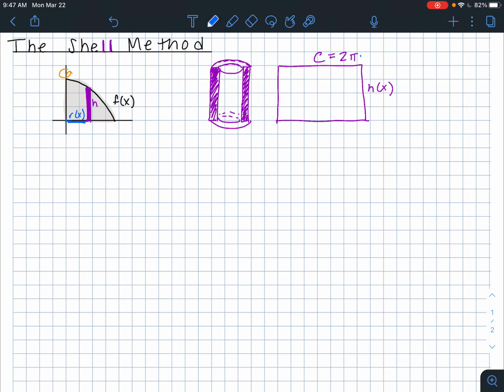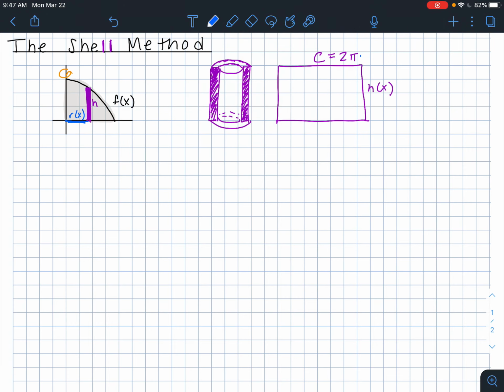I'm going to count by 3s here. Okay, so 0 cubed would be 0, 1 cubed would give me 1, 2 cubed would give me 8, which might put me here, 3 cubed would put me out at 27.